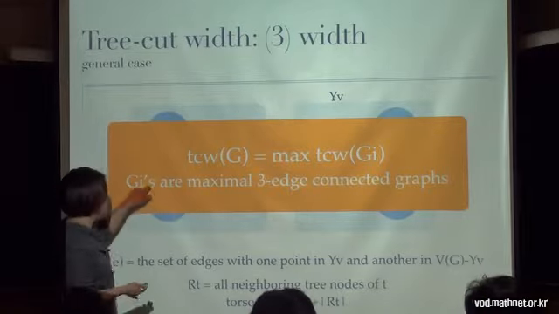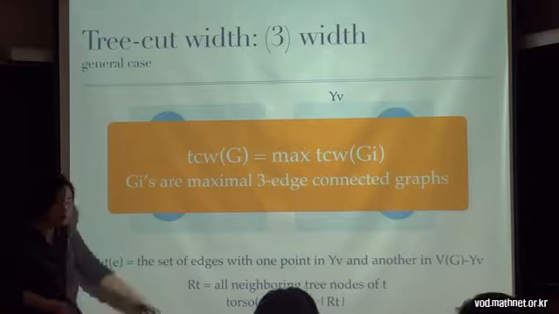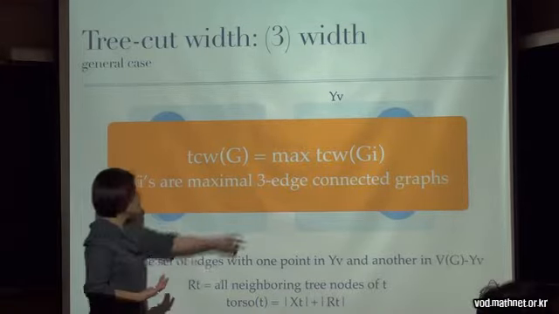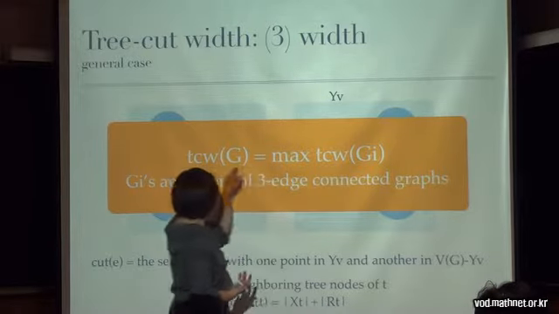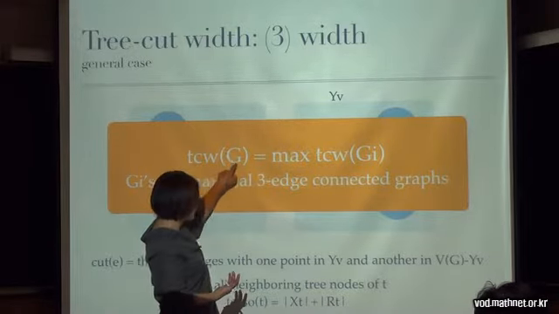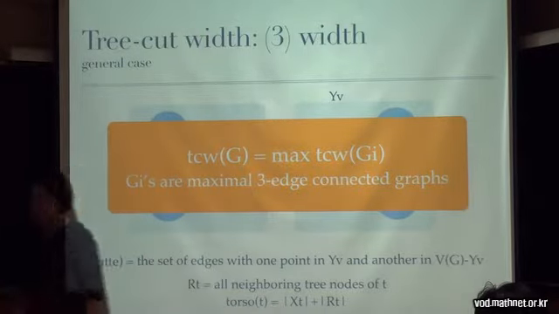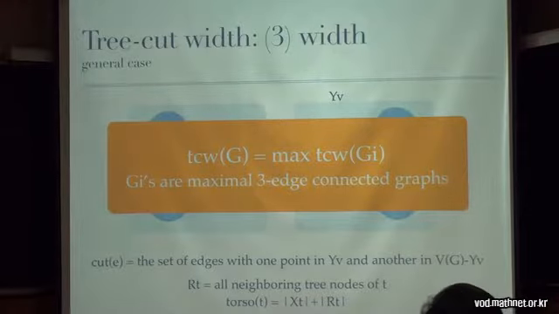I'll show you how it's very easy to obtain a partition of the graph such that each part is a maximal 3 edge connected graph, and then the tree cut width of the graph is the maximum of the tree cut width of each of these induced subgraphs. And how can you decompose the graph into such a thing?